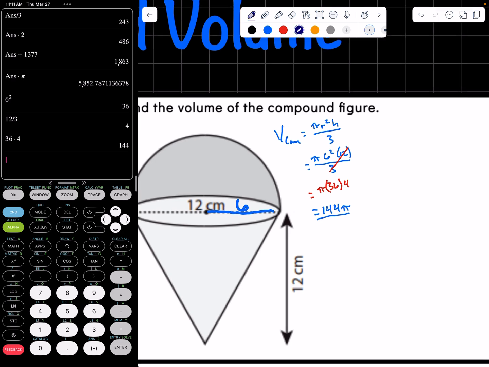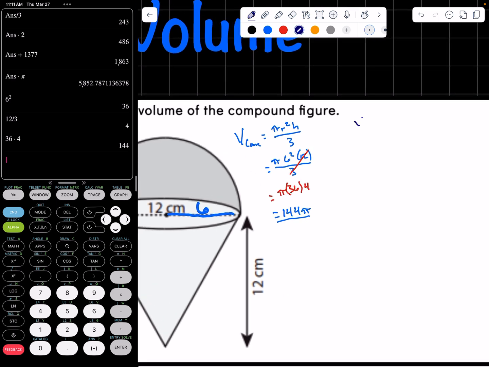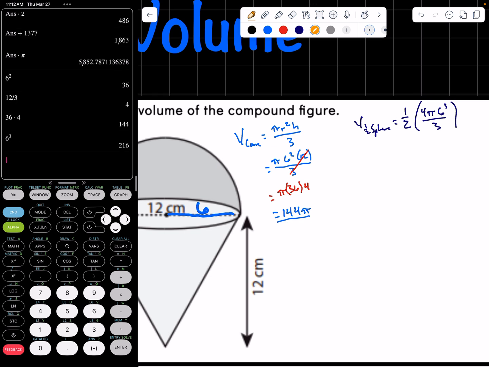Now I have the volume of my half a sphere. So volume of half sphere, that's going to be, again, 1/2 times 4 pi, my radius is 6, cubed over 3. So remember, I did some things at the same time. Let's go 6 to the third power. 6 to the third power gives me 216.